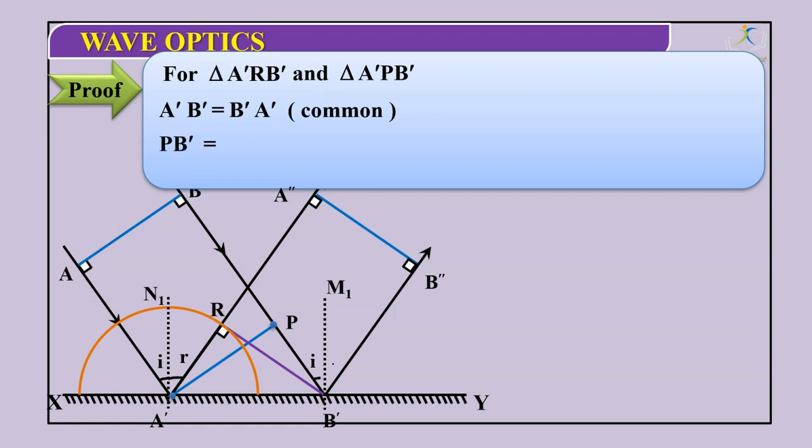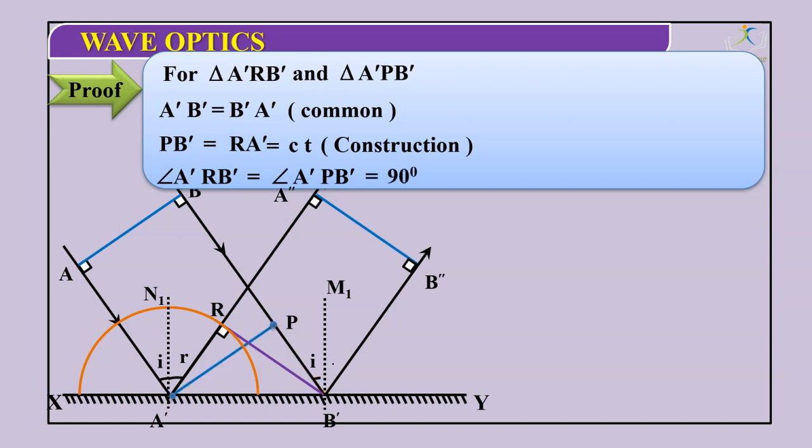B'P is equal to RA', which is equal by construction. Angle A'RB' is equal to angle A'PB', which is equal to 90 degrees. That means the wavefront is perpendicular to the wave normal.